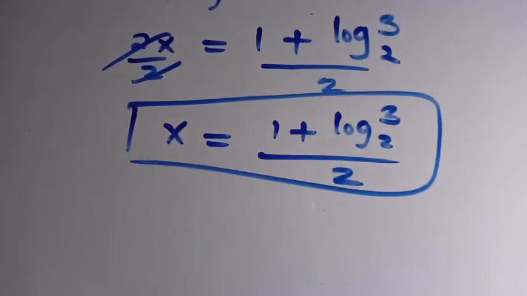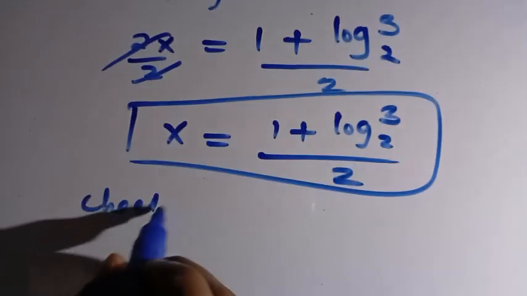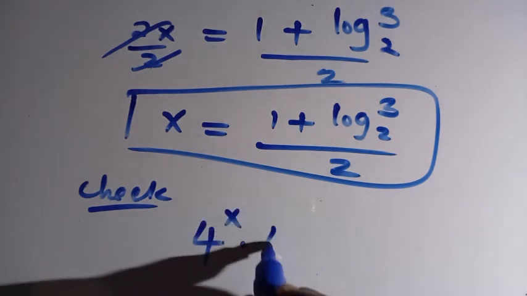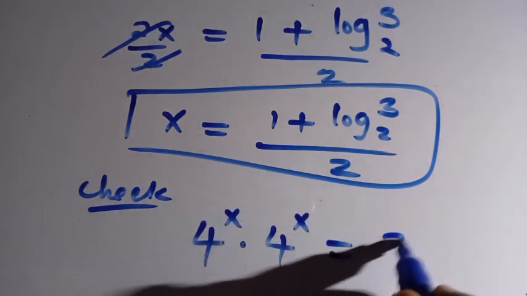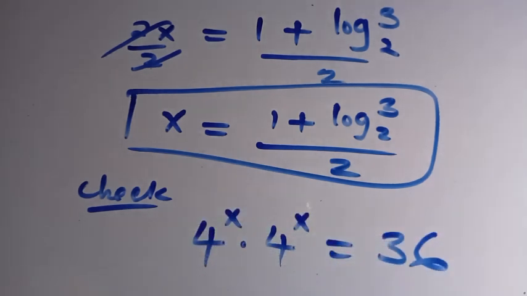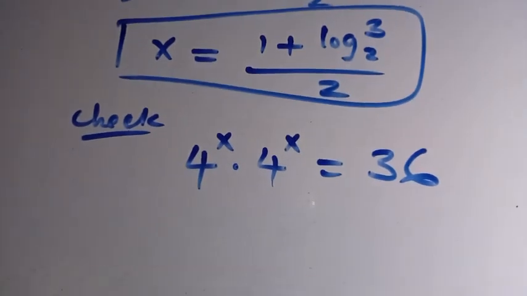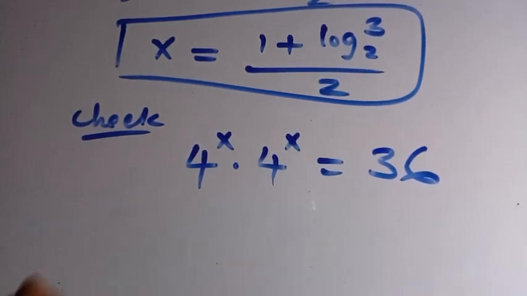Let's try and check if this satisfies the equation. The equation says 4 power x multiplied by 4 power x equals 36. We replace x with what we just got, which is 1 plus log 3 base 2, all divided by 2.